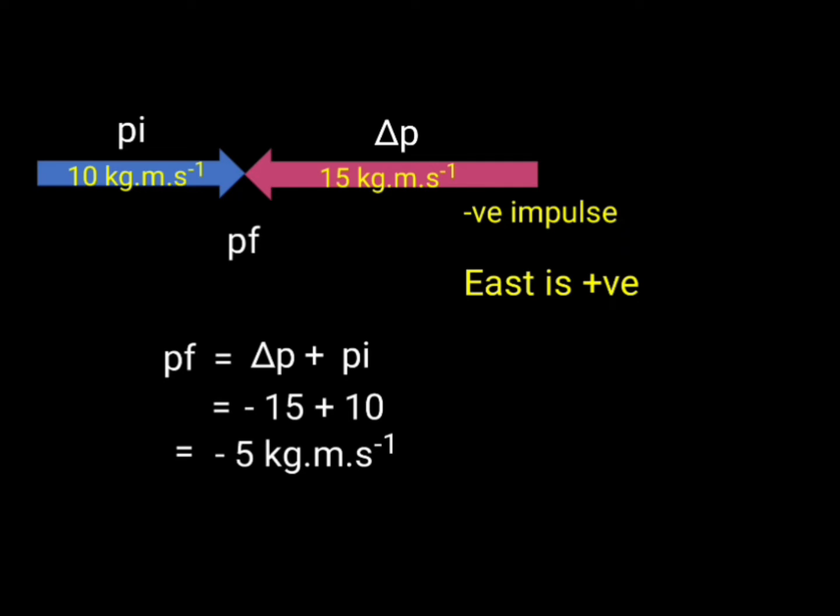But the negative simply means the final momentum of this object is in the west direction. So the final momentum of the object will be 5 kilograms meters per second in the western direction. So impulse equals change in momentum, or F net times delta t.